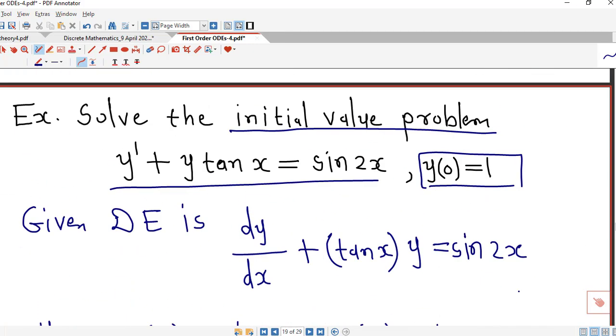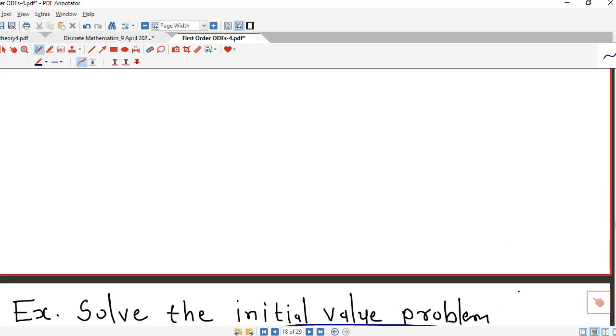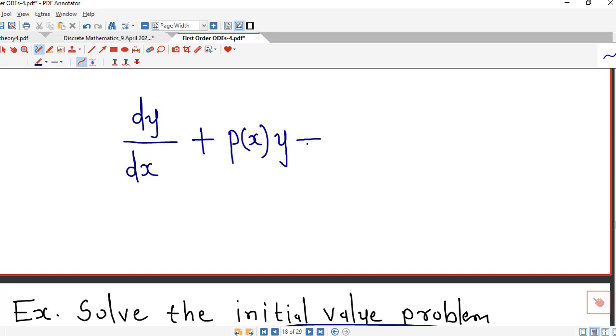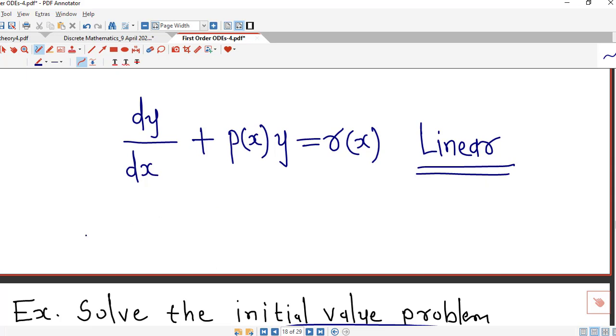So in this way we can find the solution of linear differential equations of first order. We will remember that if we have a differential equation in this form, dy/dx plus P(x) into y equal to R(x), if our differential equation can be written in this form, then it is called a linear differential equation.